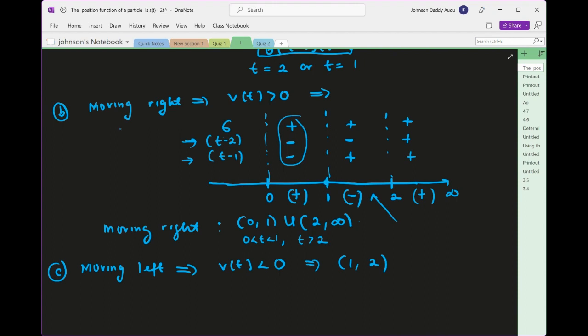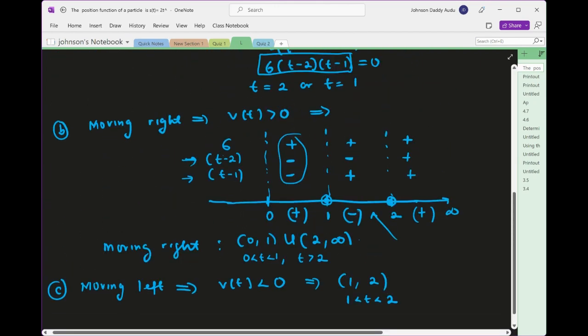Don't close the intervals. The interval should always be open, because these are the stationary points. They are where the velocity is 0. So just leave them open. Another way to write this is 1 is less than t less than 2.